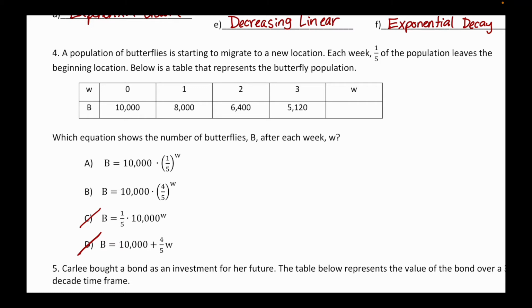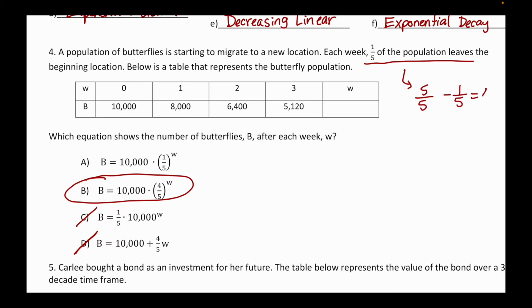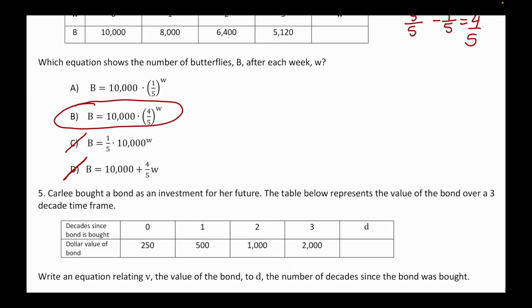Now, if we have 1/5 leaving, that means we have 4/5 left over. So 1/5 of the population leaves. That means we start with the whole amount, or 5/5, and we're subtracting the 1/5. So what's left over is 4/5 for our growth factor. So the answer for this one is B.